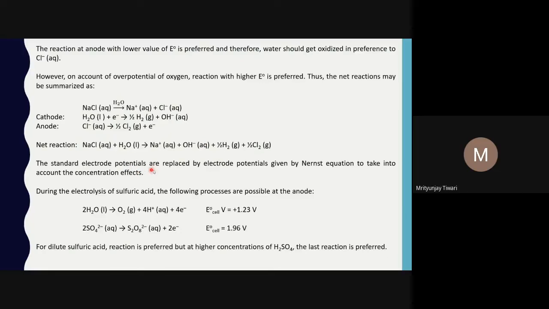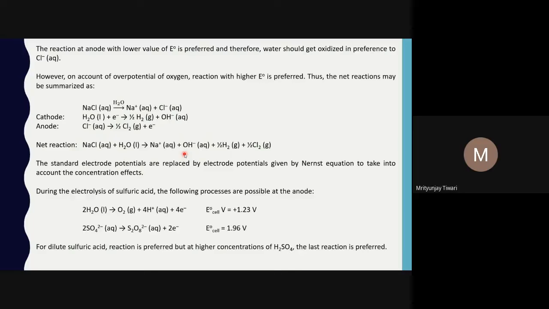So the standard electrode potentials are replaced by electrode potentials given by the Nernst equation to take into account the concentration effects. Once the concentration terms come into the reaction, you have to use certain equations where these concentration terms are also used.